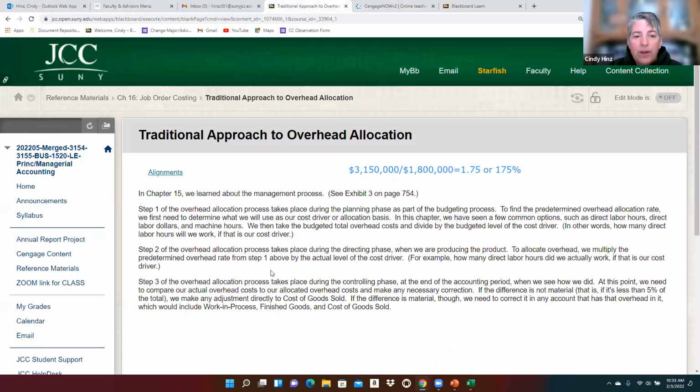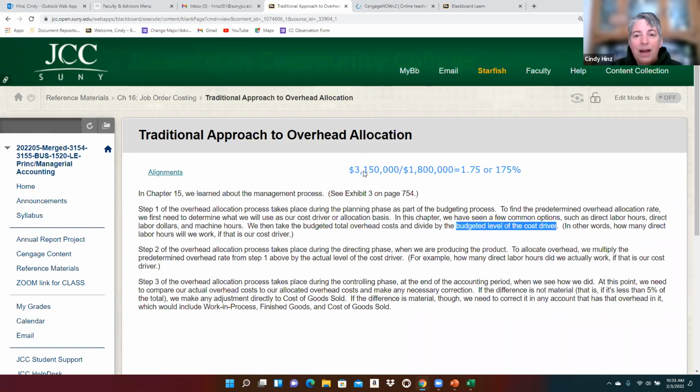Okay, so if we go to these directions that are in Blackboard for you, it tells you we take the budgeted total overhead costs. So that was the 3,150,000 that was given as the budgeted overhead cost. And we divide by the budgeted level of the cost driver.